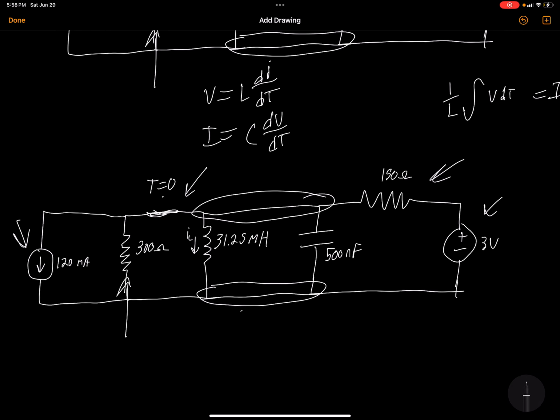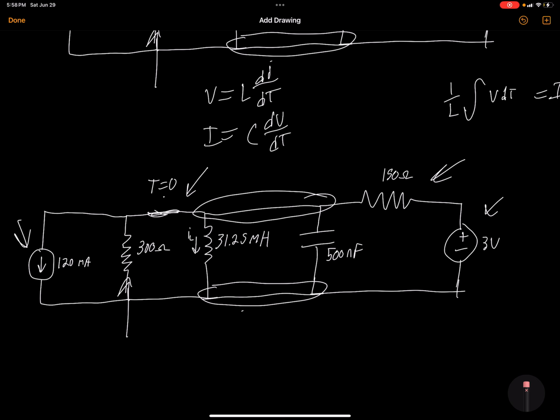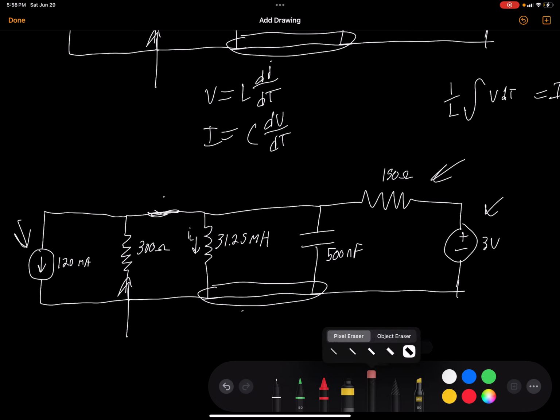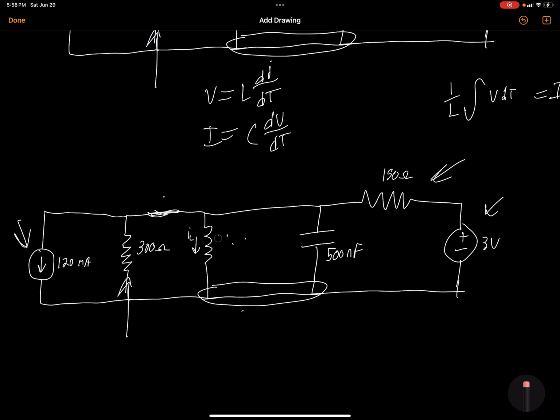Not general solution, but the actual value for it as it goes through time. So the inductor will short, but remember it's closed now, that switch, like so. This will open.